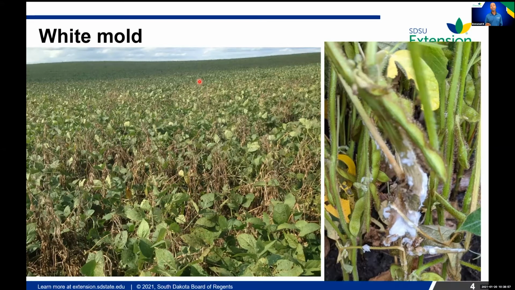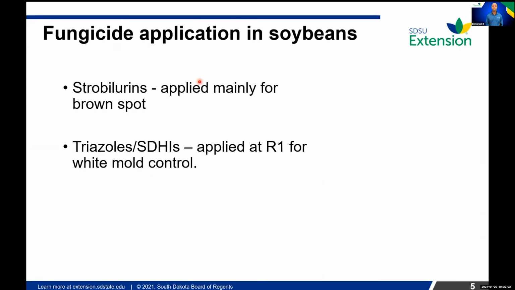So now looking at fungicide resistance in soybean, where are we likely to see this problem develop, where we have some fungicide resistance issues? Strobilurin fungicides, those would be the group 11 fungicides, QoI fungicides. These are applied mainly to control Frogeye and brown spot diseases.